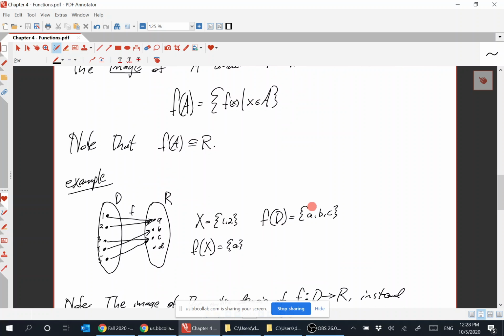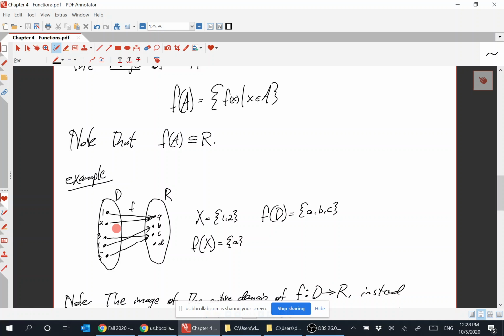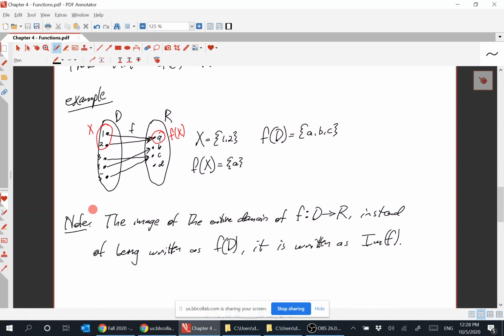So for example, given this function here, if we let x be the set containing just 1 and 2, we'll do it in red, this is x, and then f of x is right here. F of x is just the set containing A. And then f of the entire domain is the set A, B, C. Notice that it's not the whole range, because we're missing D in f of D.